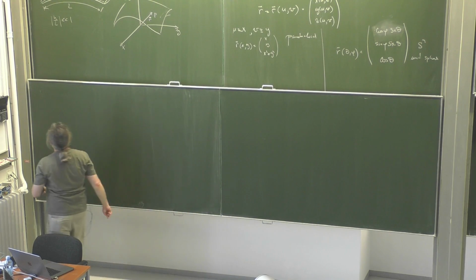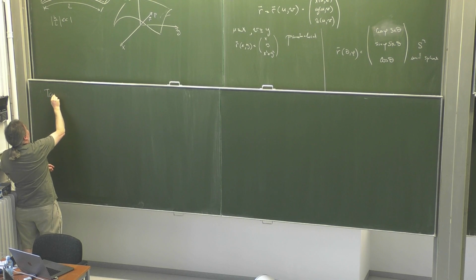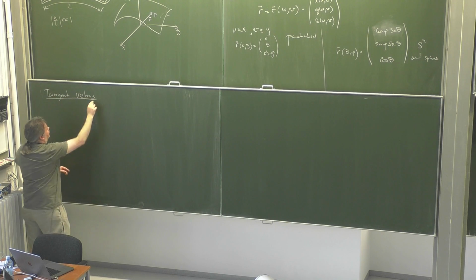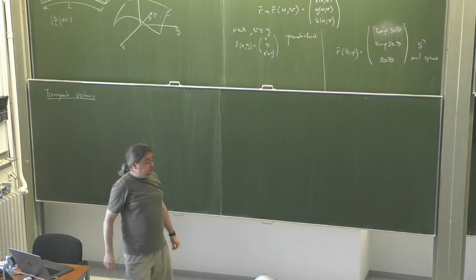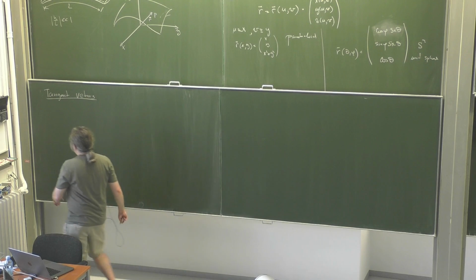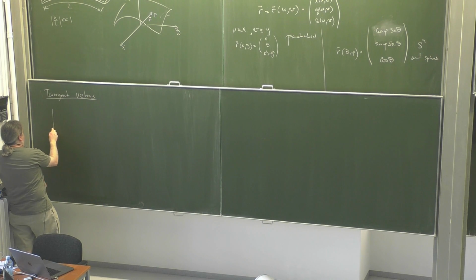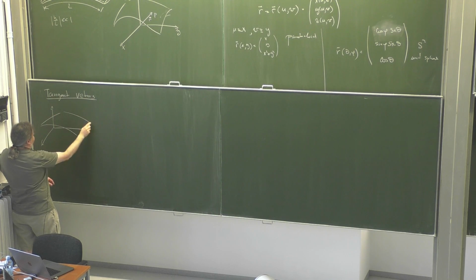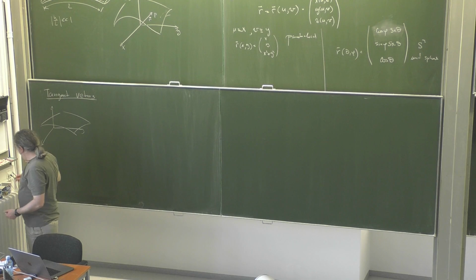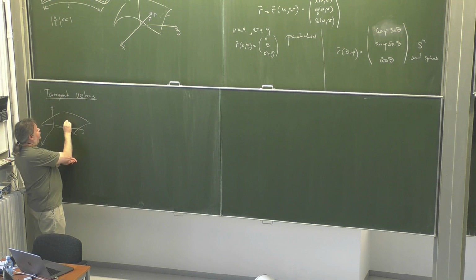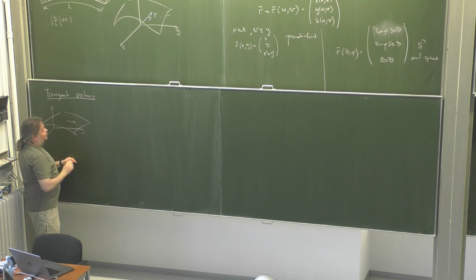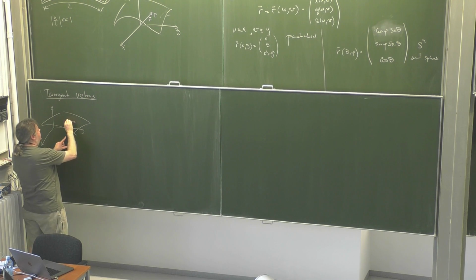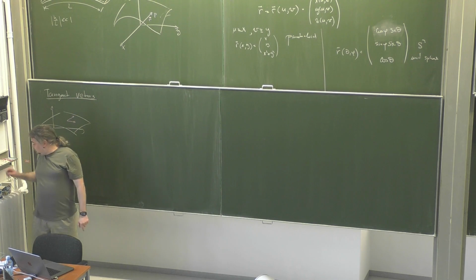So I am going to define vectors, right? I'm going to define tangent vectors. So for my surface, at every point, I want to be able to define vectors that are tangent to the surface.